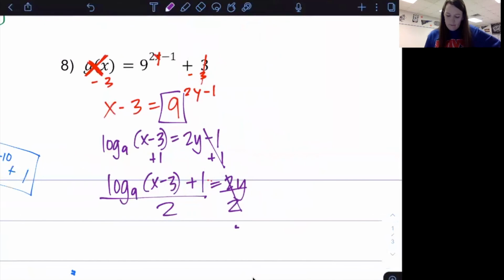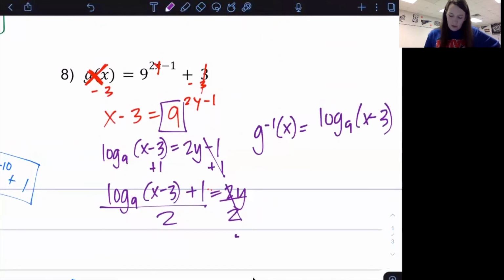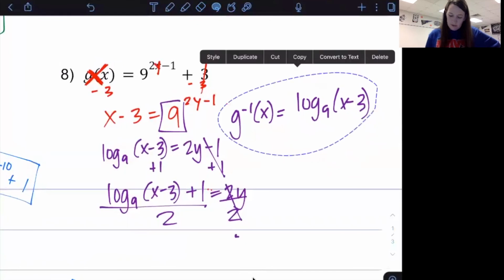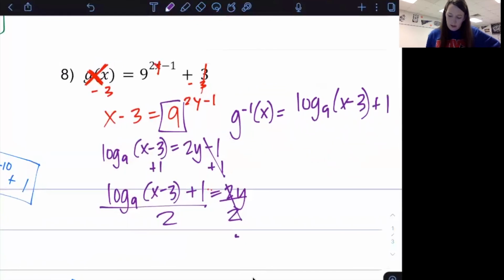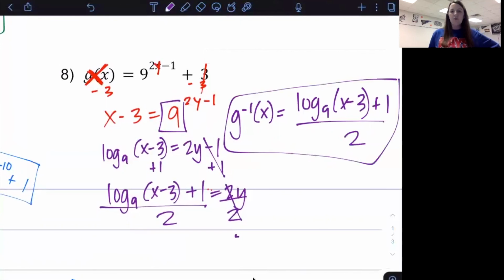So my inverse would be g inverse of x equals log base 9 of x minus 3 plus 1, out of room, so I'm going to scoot it over, plus 1 divided by 2. Everything there is divided by 2.